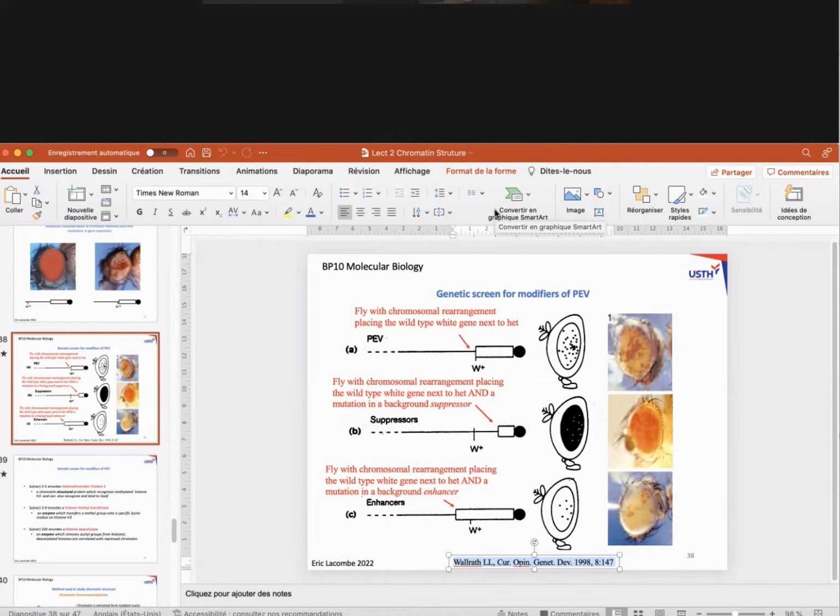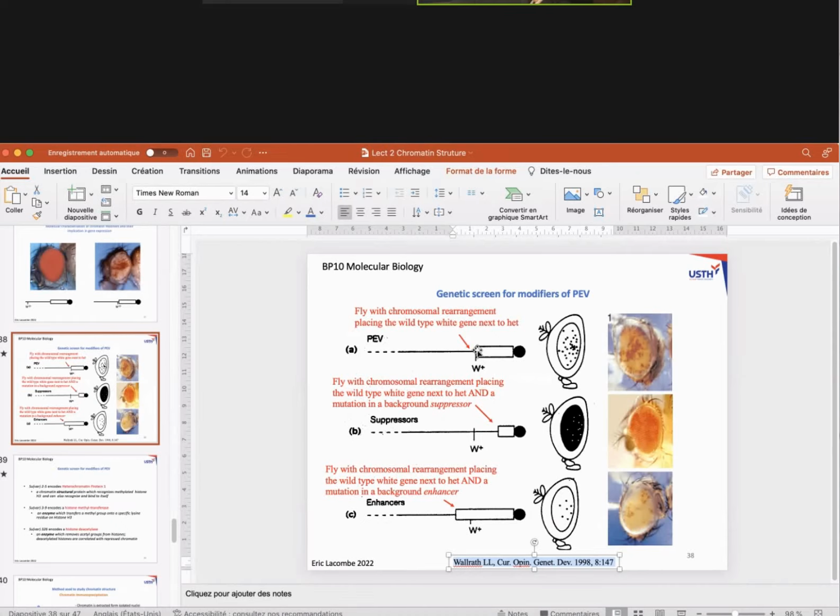Okay, I will repeat because it's quite tricky with the words. Because it's important that you understand, we can go a little bit faster for the rest of the lecture. So the initial phenotype is this one. Technically we've got partial expression, because the wild type gene is just at the borderline between heterochromatin and euchromatin. So this is the initial state.